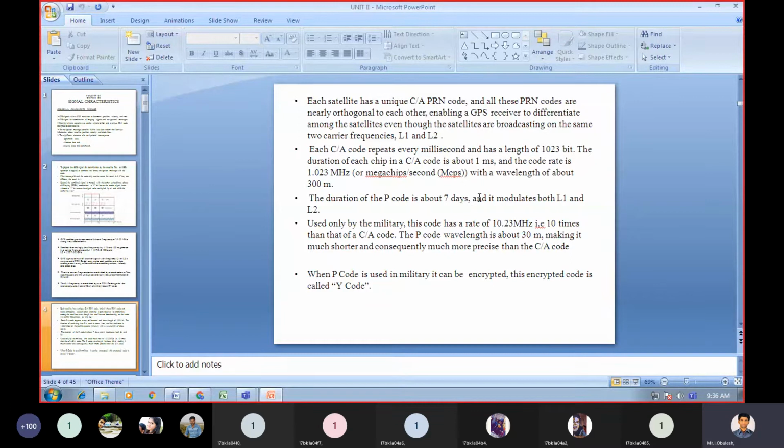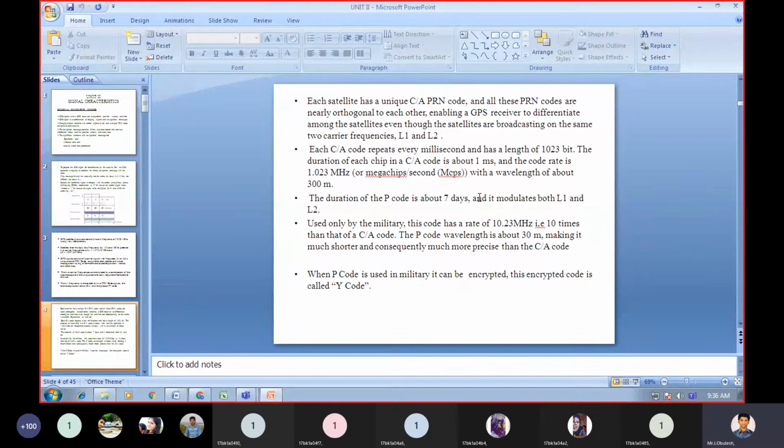The duration of each chip in a C/A code is about 1 microsecond.